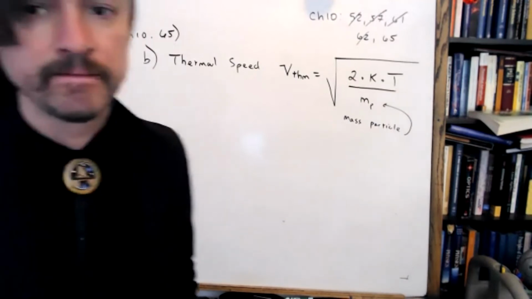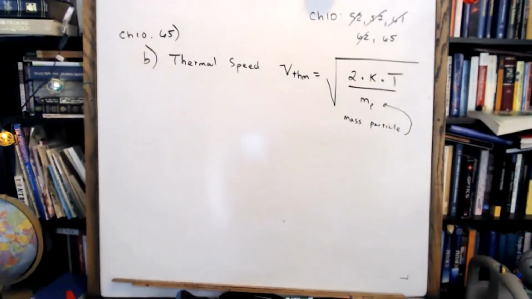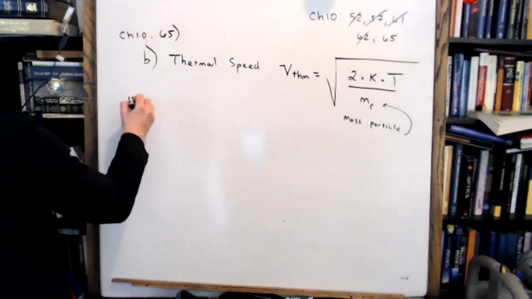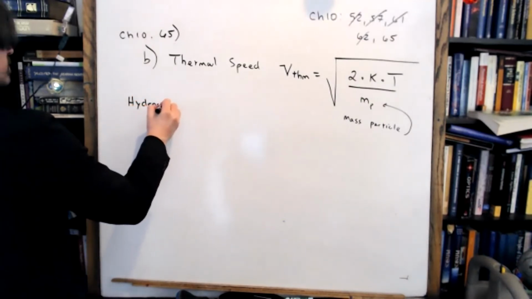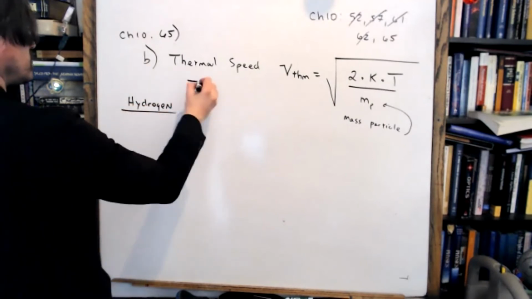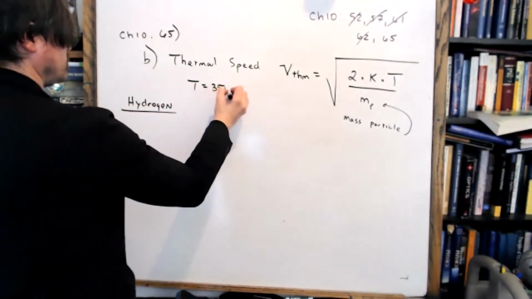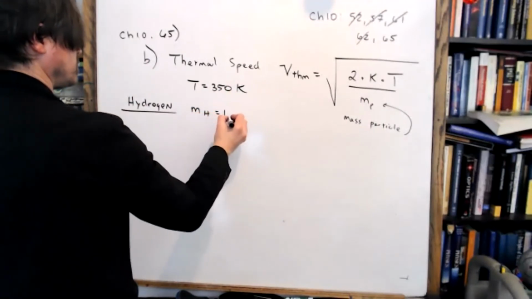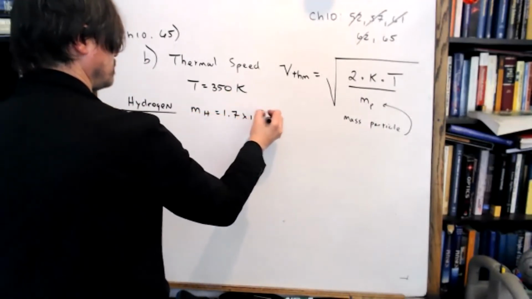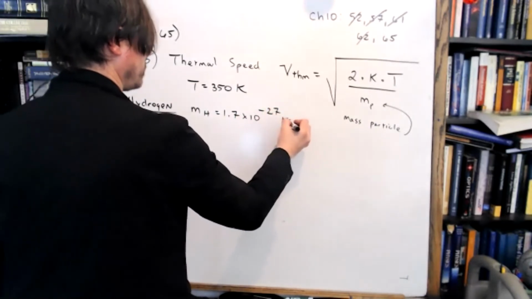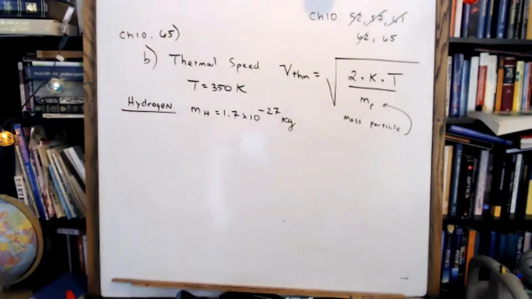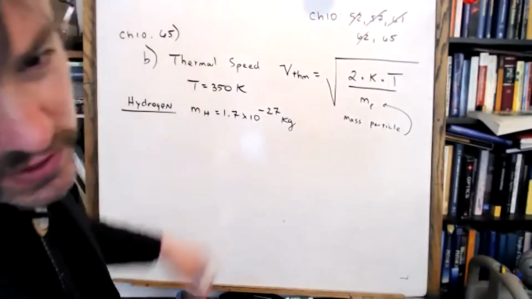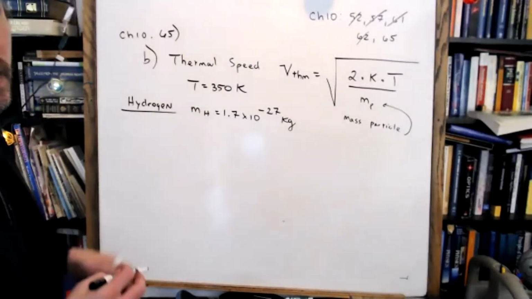All right. Part B says calculate and compare the thermal speeds of hydrogen and deuterium atoms at the exospheric temperature of 350 Kelvin. The mass of a hydrogen atom is 1.67 times 10 to the negative 27th kilograms. And the mass of a deuterium atom is about twice the mass of a hydrogen, because it's 1 proton and 1 neutron for deuterium.